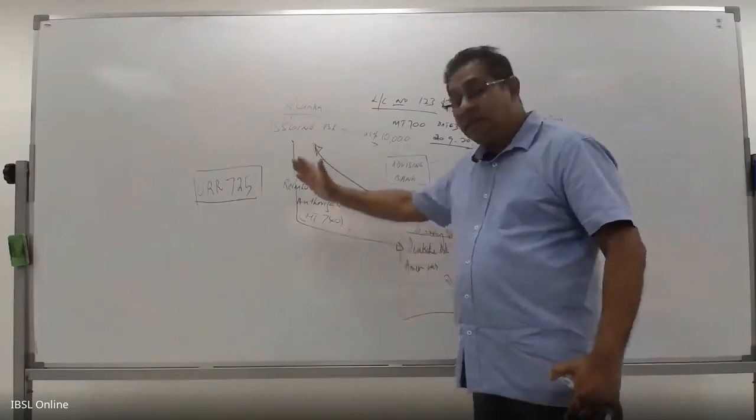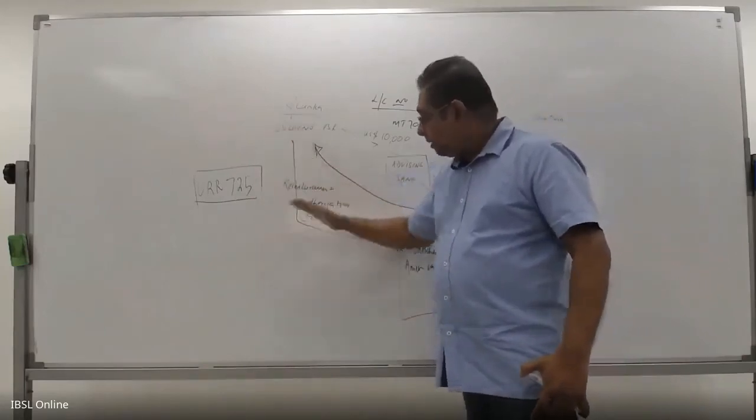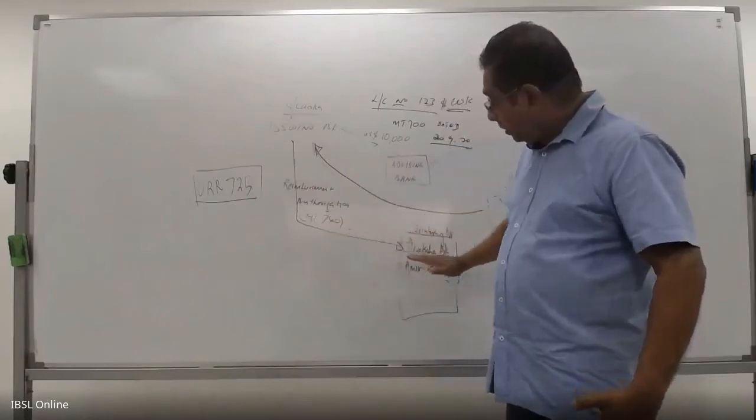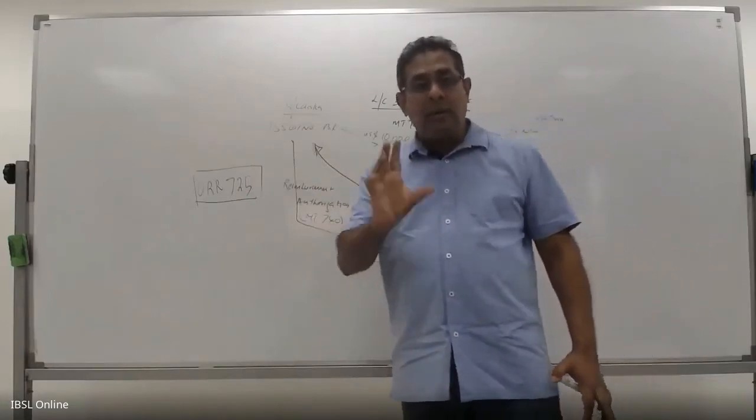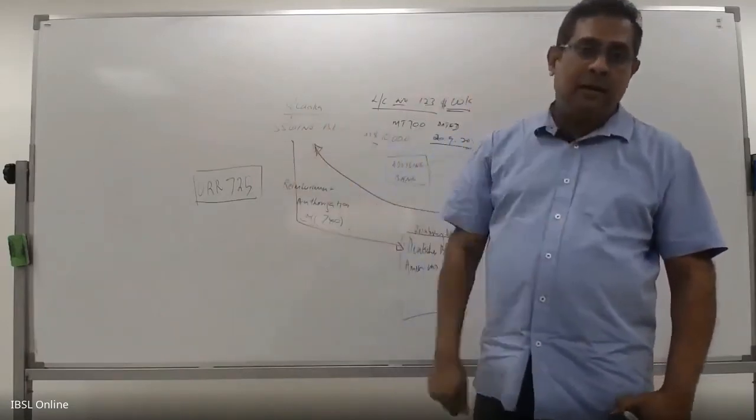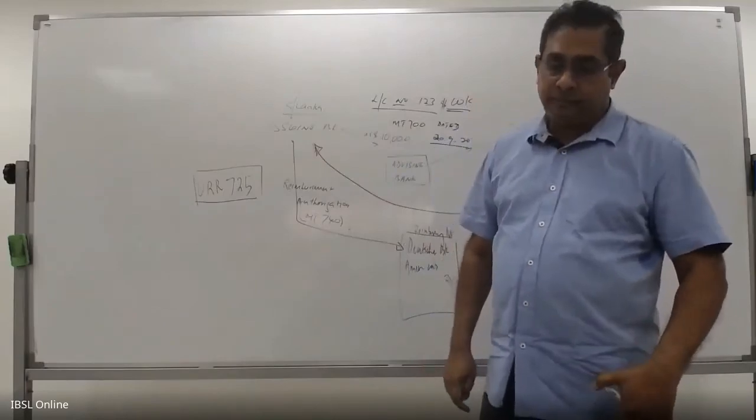Otherwise, under normal circumstances, the reimbursing bank will not give an expiry date in the authorization.